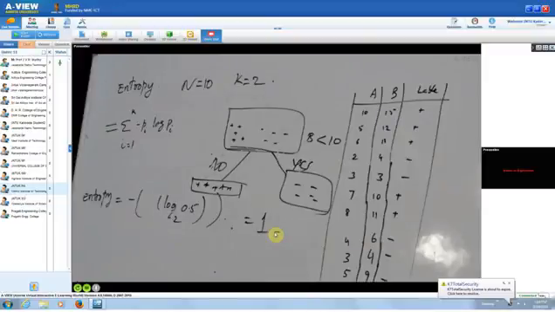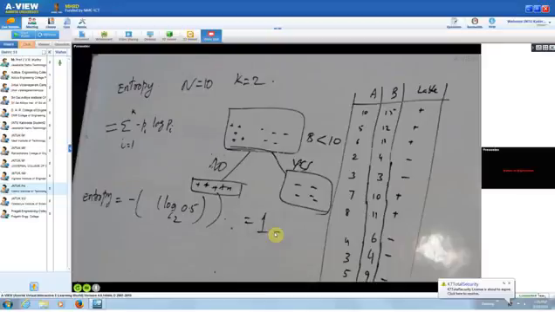Suppose after the split, 3 plus and 2 minus are on one side, and 2 minus and 2 plus on another side. You calculate the entropy, it will be something like 0.9 and 0.8. So 1 minus 0.8 is your gain, which is less. If the difference is less, it's not a good split. If the difference is more, it is a good split.